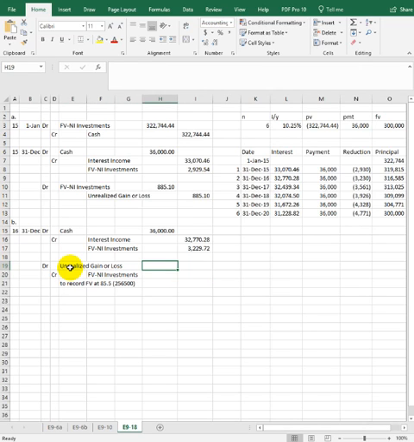So in order to accomplish that, we basically take all of the pieces that we've already adjusted for, and the last adjustment, this adjustment right here, was the adjustment to change the value of the fair value through net income investments to 320,700, but then we took off this change.